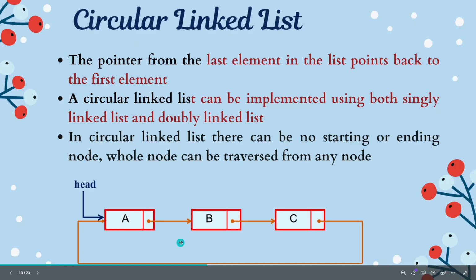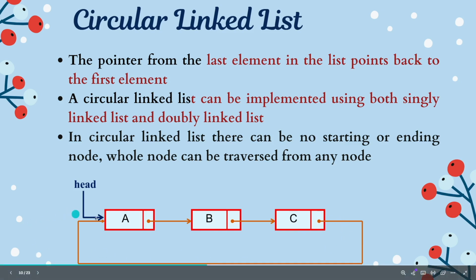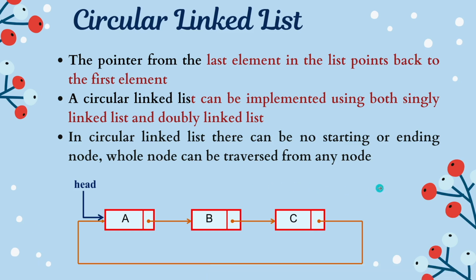The third type of linked list is a circular linked list. The circular linked list which you see here is much similar to the single linked list, except that the last node, instead of having a value of null, points to the first node in that list. That makes the circular linked list special. We need not even have one pointer to point to the first node in this list.